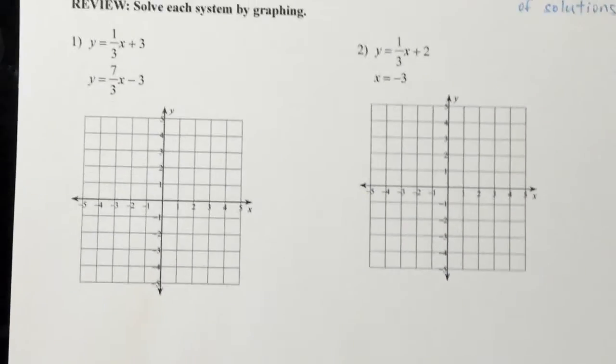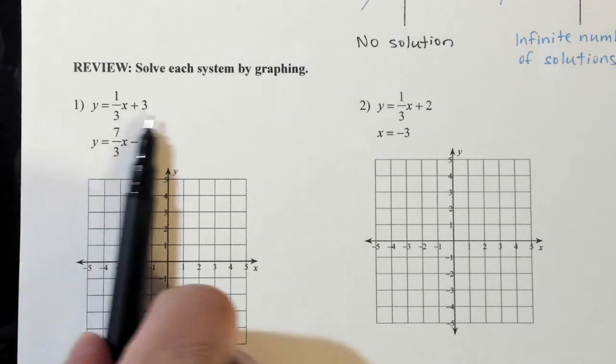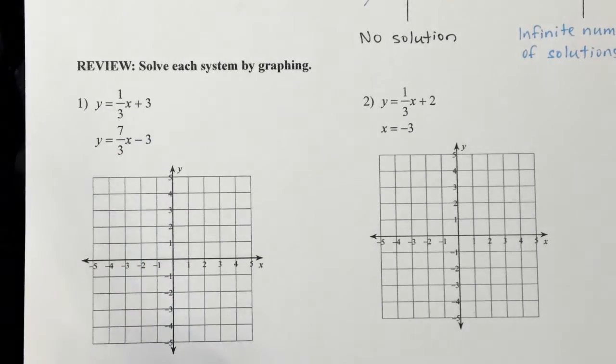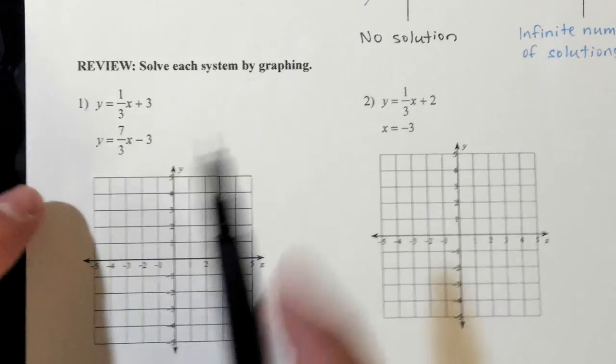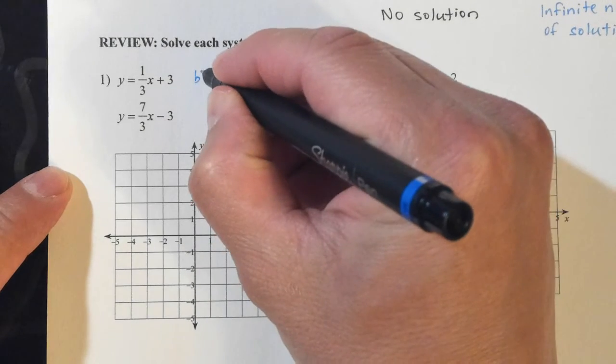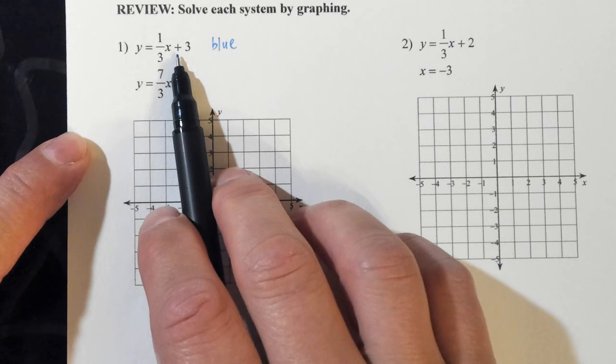Real quick review. As long as both of your equations are in y equals or slope-intercept form, it's easy to graph. I'm going to do the first one in blue. The y-intercept is -3 or +3.